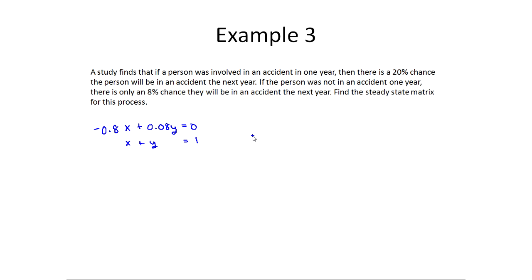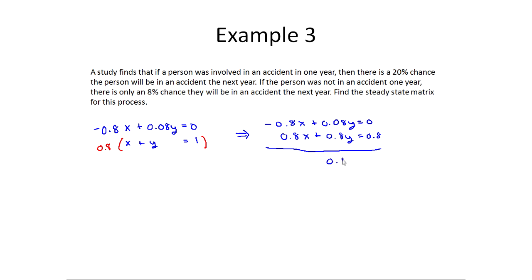I think the easiest would probably be elimination. If I want to solve using elimination, what I could do is multiply the second equation by 0.8, and then I'd eliminate the x's. When I do that, I end up with the following system of equations: I got minus 0.8x plus 0.08y equals 0, and 0.8x plus 0.8y equals 0.8.